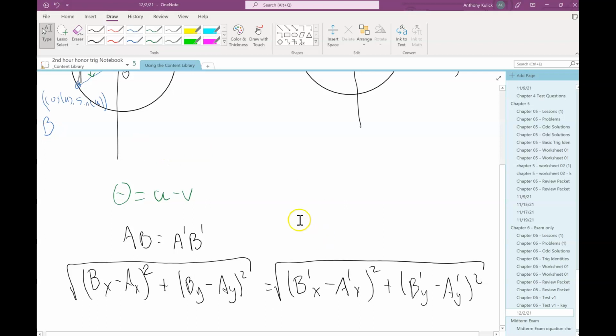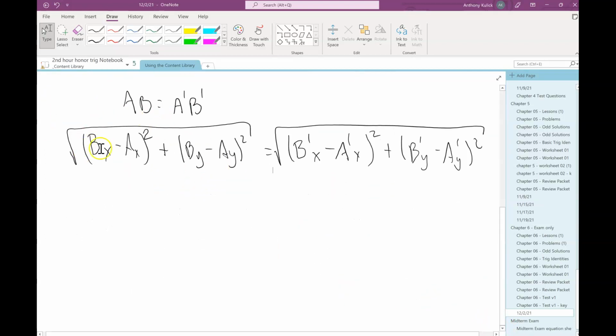So we know that those two equations are equal. So I'm going to square both sides to get rid of the square roots.